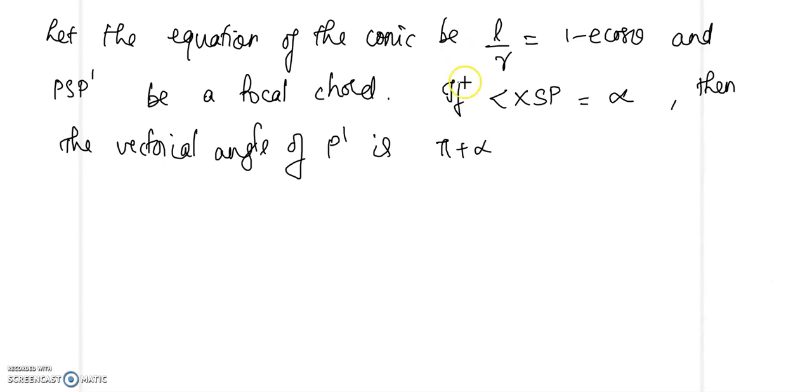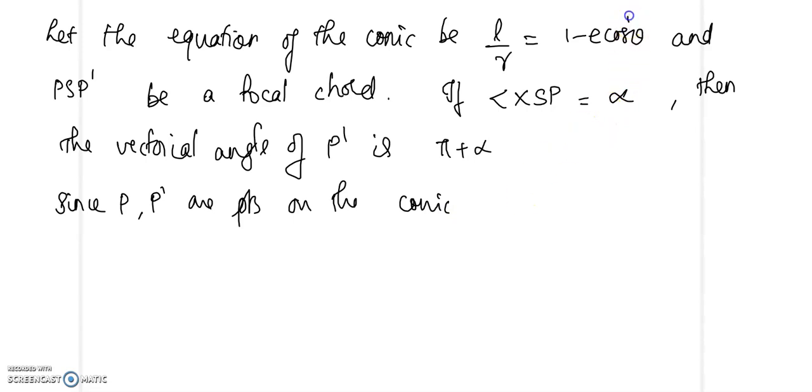Now let us substitute these 2 points into the equation of the conic. P and P dash both are points on the conic, so they will satisfy the equation of the conic, equation 1.